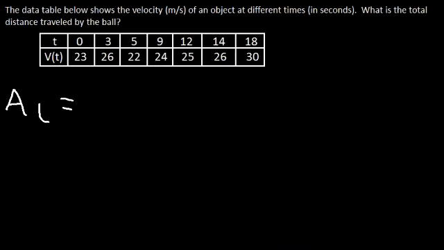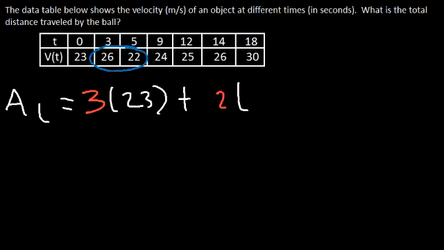So for the first rectangle, the width is 3. Now, if we're using the left Riemann sum, should we use the 23 or the 26? So you want to use the y value on the left side. That is 23. Now for the next rectangle, between 3 and 5, the width is 2. So between those two y values, we're going to choose the point on the left, which is 26.